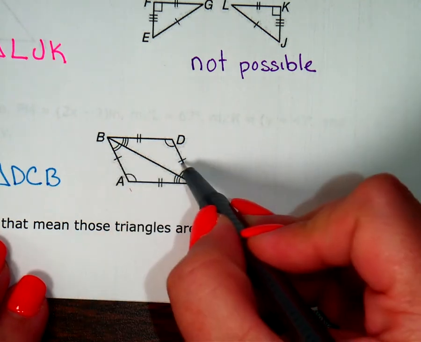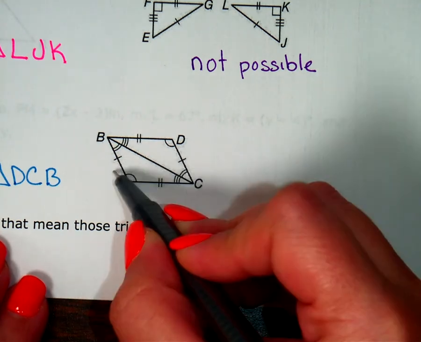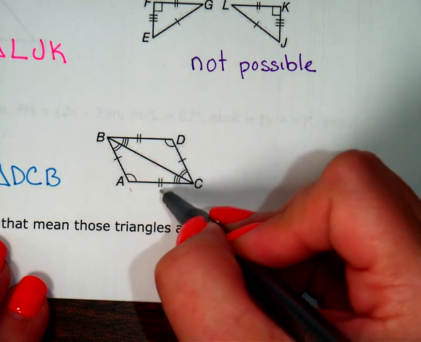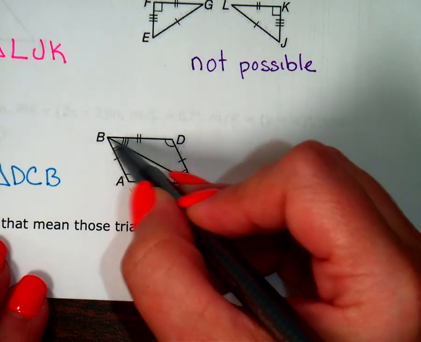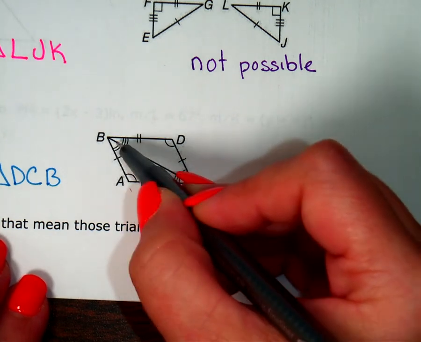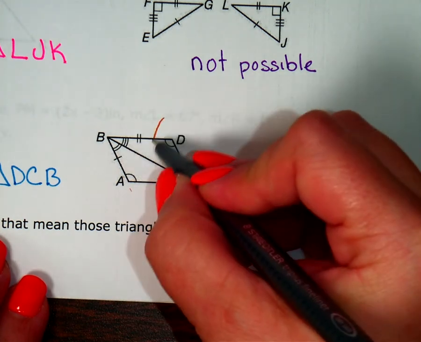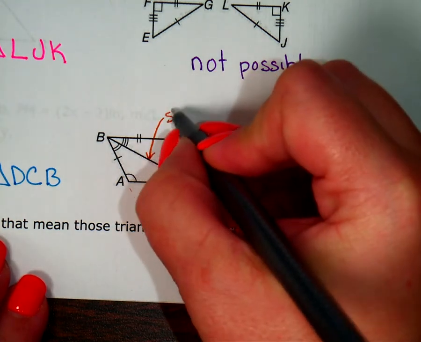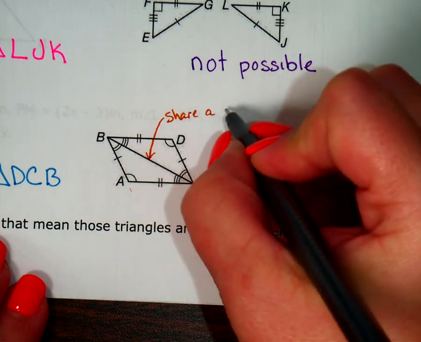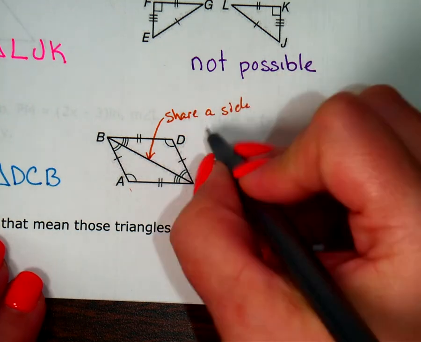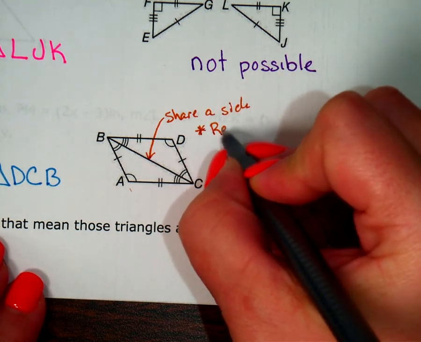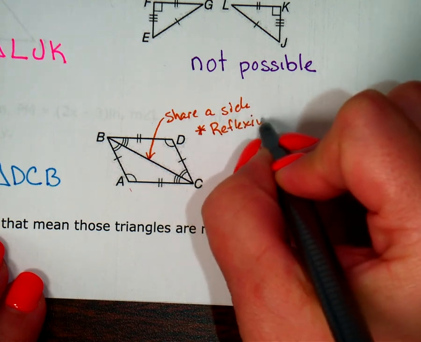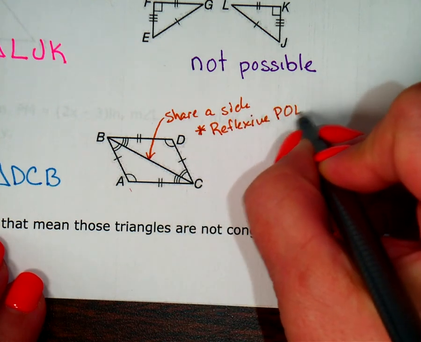I have a single tick mark here and a single tick mark here, so these 2 sides match. A double here and a double here, so these 2 sides match. And then BC doesn't have anything on it. But when they share a side, we call this the reflexive property of equality.